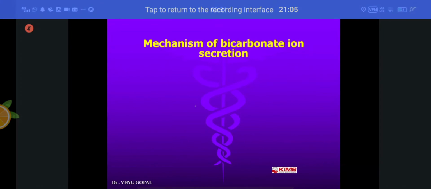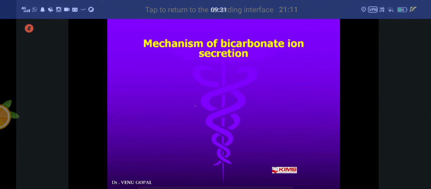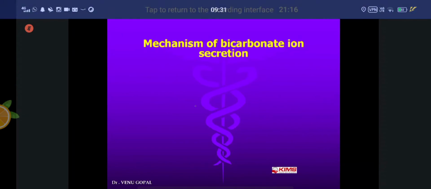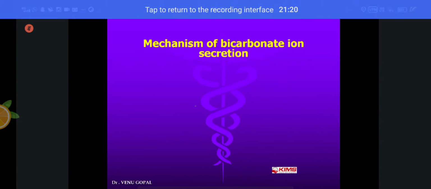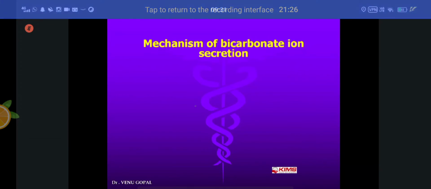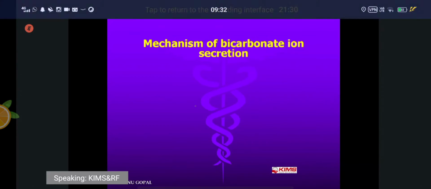Now, like what I have seen, the HCl secretion mechanism and steps in gastric juice. Here in pancreatic juice, when you are attempting it, we need to have a diagram of how the pancreas is producing bicarbonate. Now my question to you is, in the pancreas, there are two components. One component is the enzymatic component, which includes all the enzymes. The other component is the bicarbonate solution, bicarbonate and water.